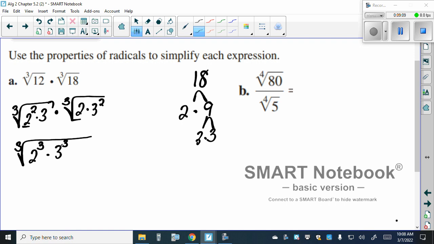Any questions on this here? Well, what is the cubed root of 2 cubed? 2, times cubed root of 3 cubed would be 3. Well, 2 times 3 is 6. So this one here, we could have actually done this in a calculator because we came out to a whole number.